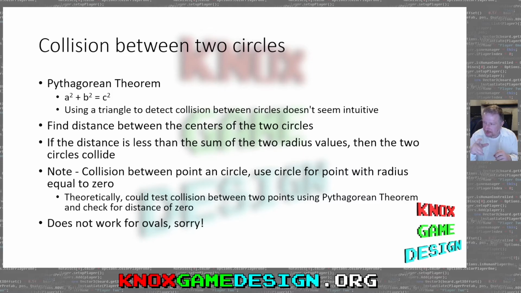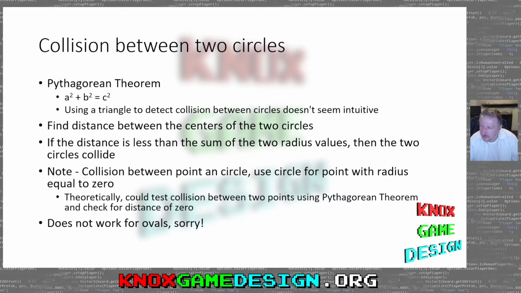Or if you're using a compass, the center is where the pointy part is, and the radius is the distance between the pointy part and where the pencil is. If people even use compasses anymore, you use the pencil to draw the circle around the pointy part. Okay, so just trust me that you can use the Pythagorean theorem to figure this out.